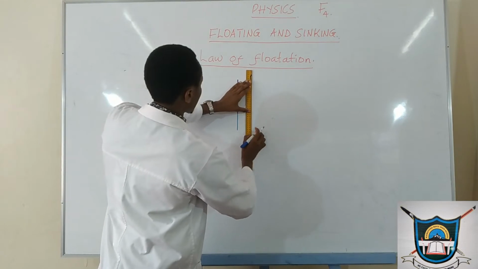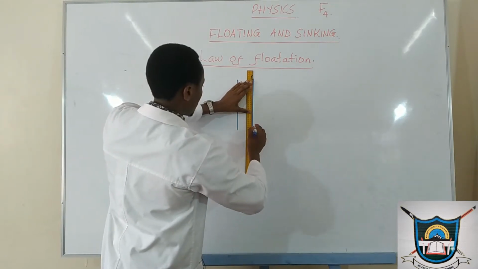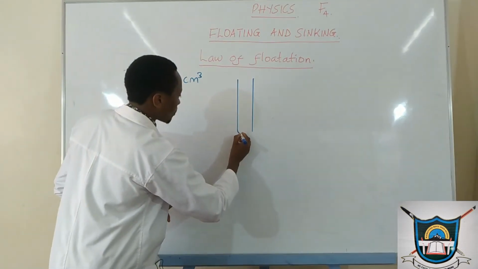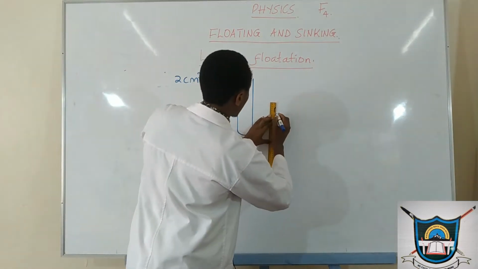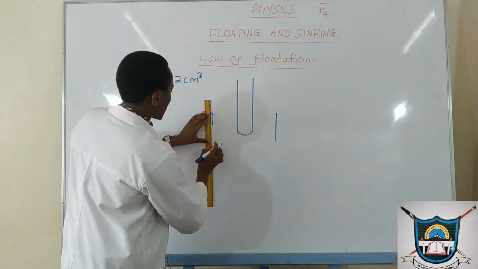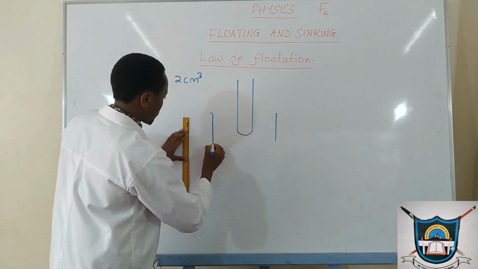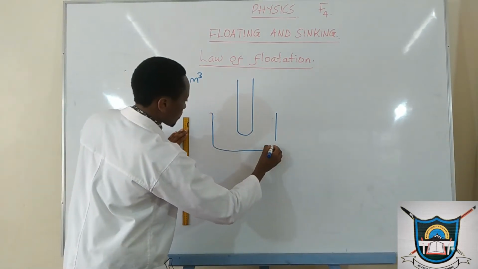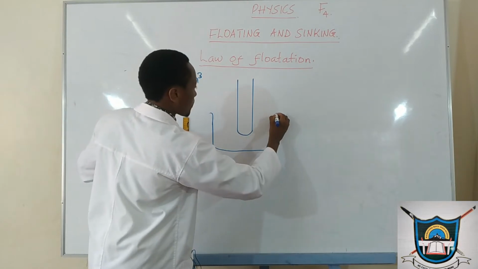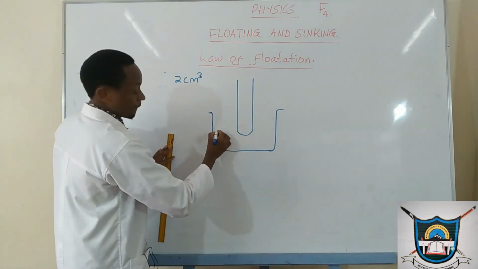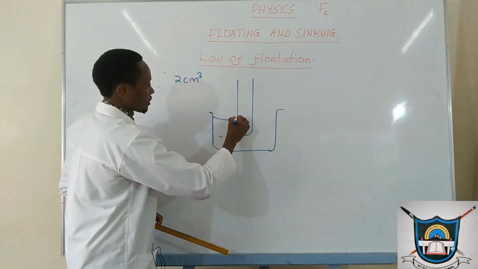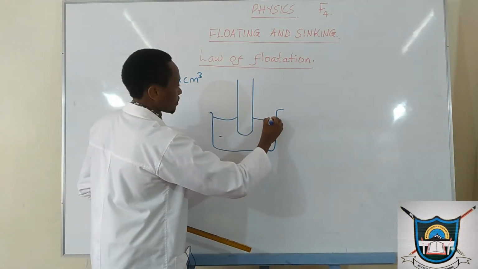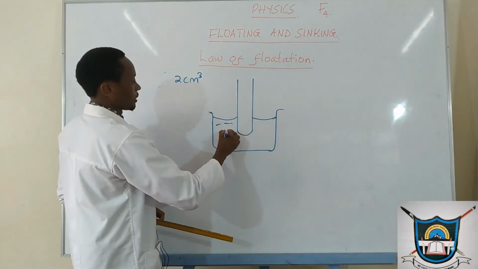So we have our test tube here, which is partially filled with some lead shots. You can draw with me. Then it is floating on the liquid. So this is our liquid.